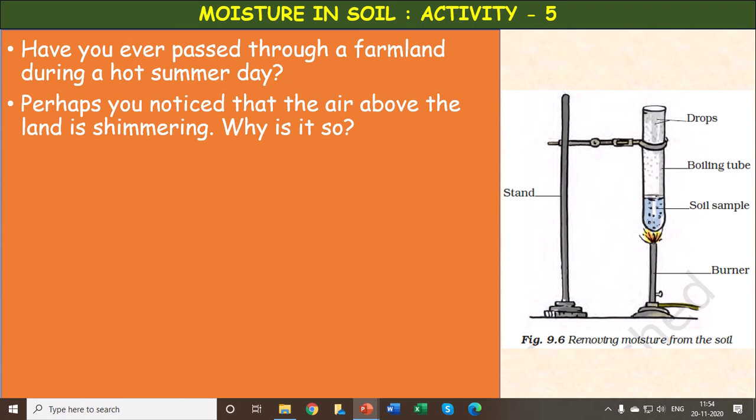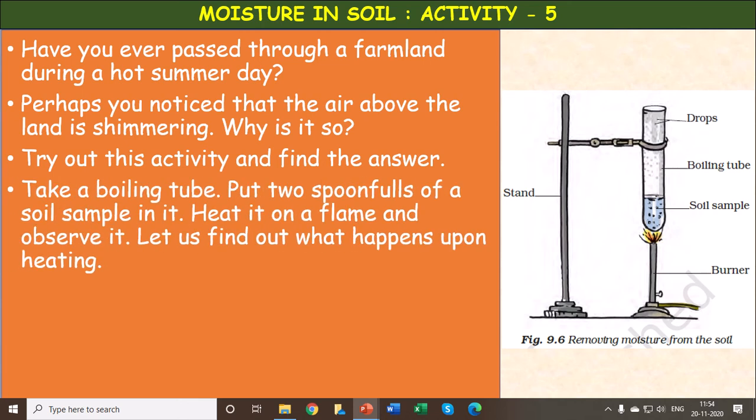Removing moisture from soil. The aim of the experiment is: take a boiling tube, put 2 spoonfuls of a soil sample in it, heat it on a flame and observe it.